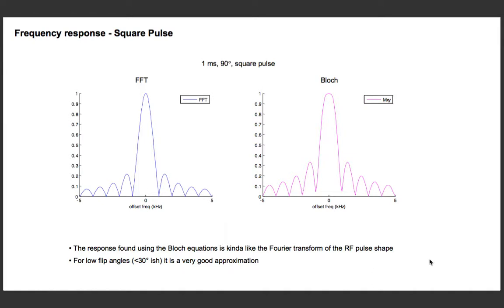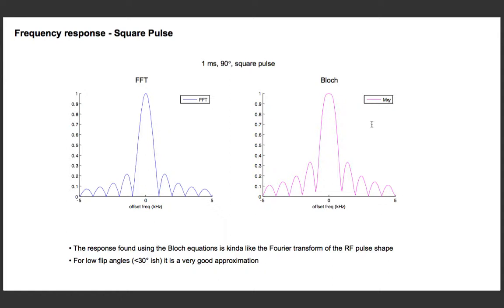It turns out that it's not exactly the Fourier transform of a rect function. If you pick a very small flip angle, say under 30 degrees or so, the Fourier transform of a rect is a very good approximation to what you get. So this is the Fourier transform of a rect, and this is the Bloch simulation of the MXY you would get for a 90-degree excitation pulse.